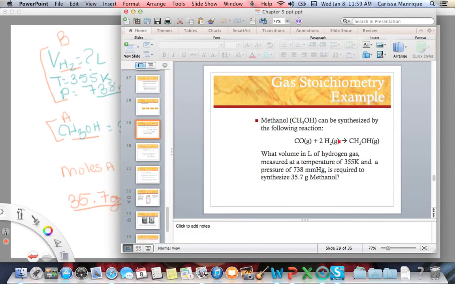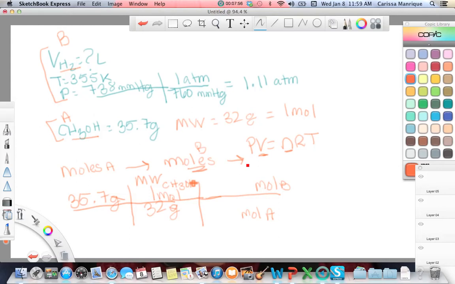For every 1 mole of methanol, there are 2 moles of hydrogen, just the number in front there. So 1 mole of methanol, which is down at the bottom, 2 moles of hydrogen. And that'll give me my moles, so I can plug it into PV equals nRT.